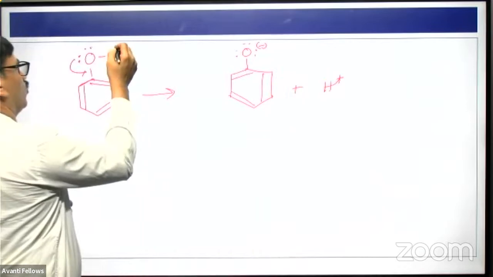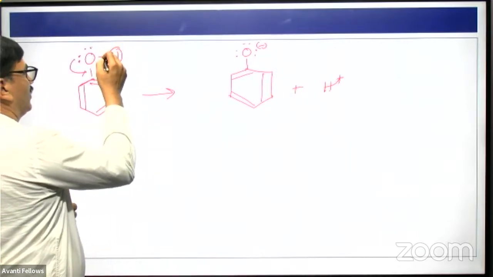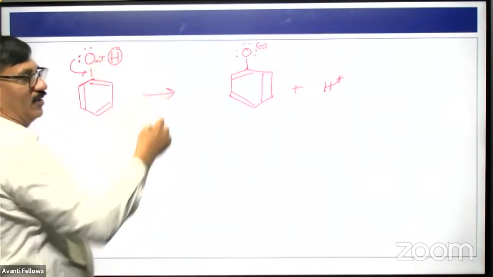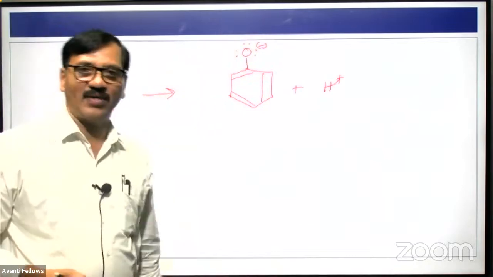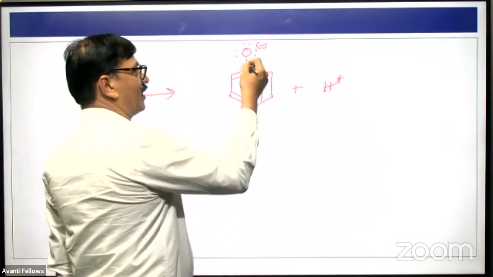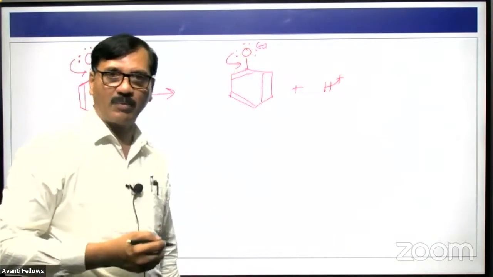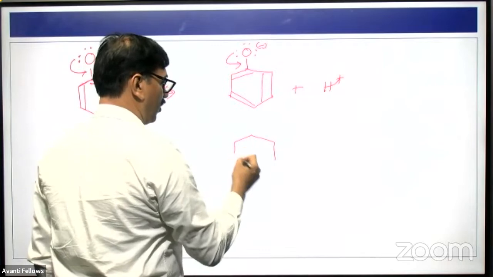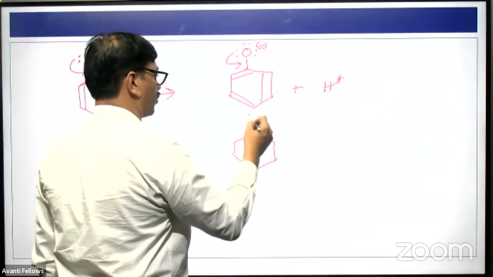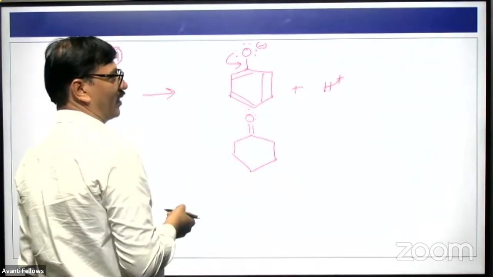When it loses its H ion, when these electrons stand over here, this becomes phenoxide ion. Now oxygen is having negative charge. Now how does it get stabilized? These electrons are pushed to the carbon, giving a double bond character to the oxygen. Now this oxygen is having only 2 lone pairs of electrons.